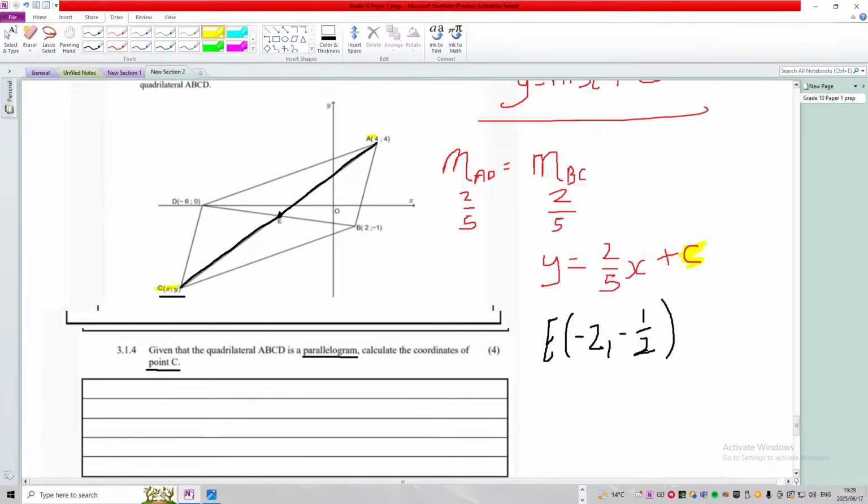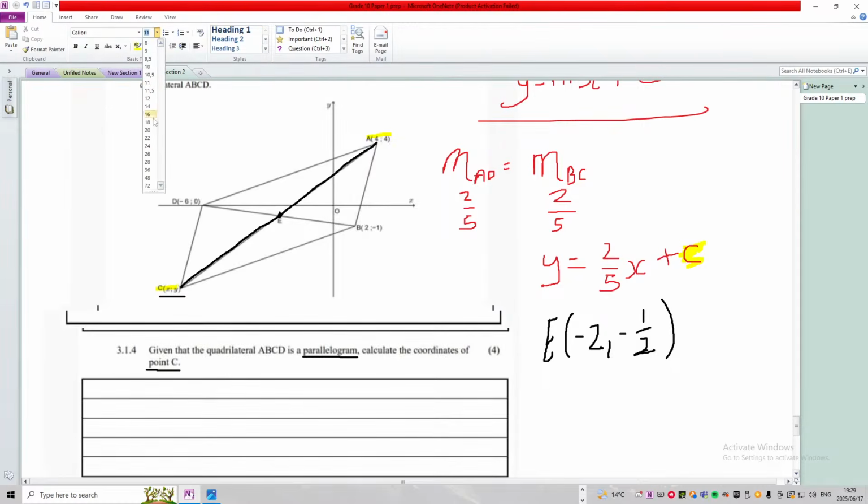E is also the midpoint of AC because of the parallelogram.